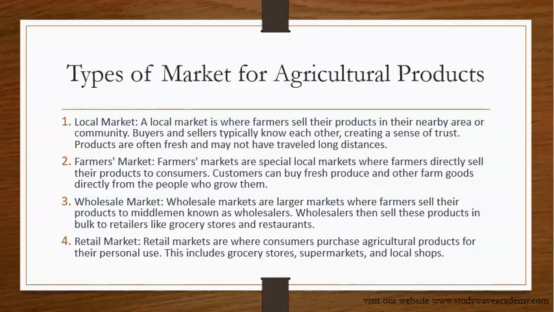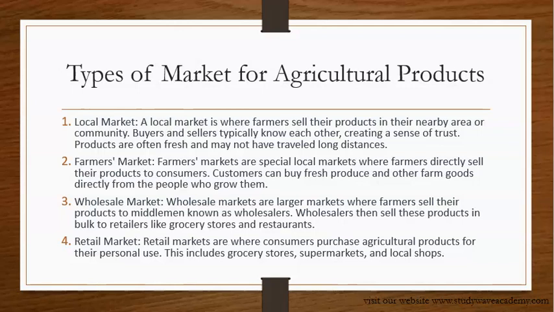Then farmers markets. Farmers markets are special local markets where farmers directly sell their products to consumers. Consumers can buy fresh products and other farm products directly from the people who grow them. Wholesale markets. Wholesale markets are larger markets where farmers sell their products to middlemen known as wholesalers.